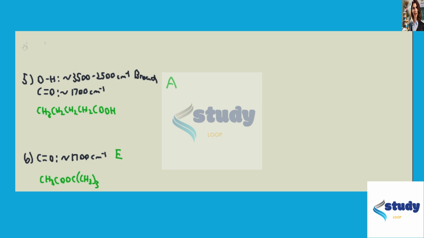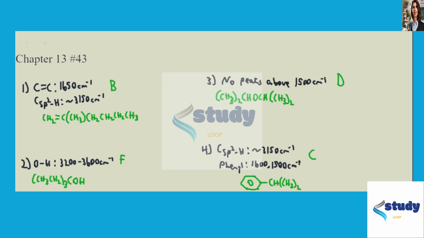That's how to approach this problem. Identify what the peaks of interest in each spectrum are, and then look at the molecules and see which molecules have those peaks and only those peaks. I solved this in order just for the sake of doing it in order. If I were to approach this problem, I would probably try to assign 3 first, since it's the easiest, since it has no real peaks.